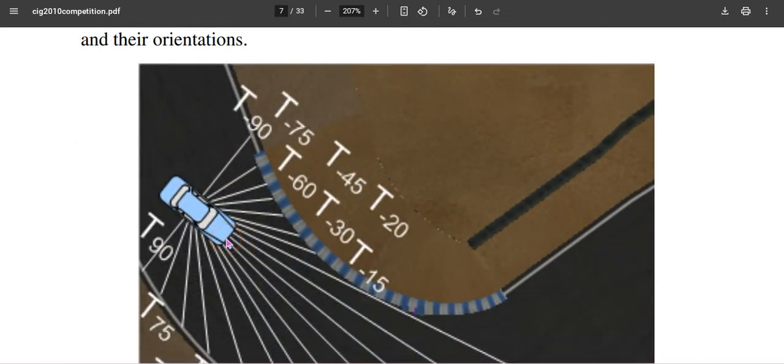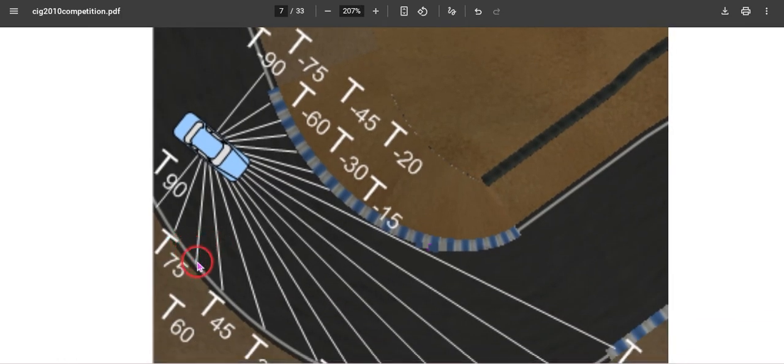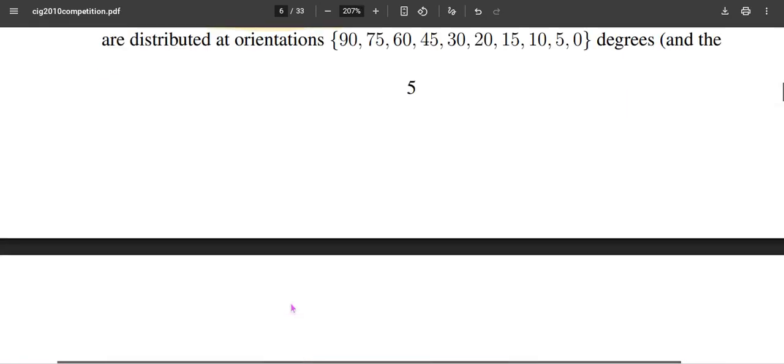For the present position, there will be many sensor readings along different angles from -90 degrees to +90 degrees. If the sensor reading is 200 meters, it means unobstructed, and how much distance each sensor reading travels will give you the local information about the track.